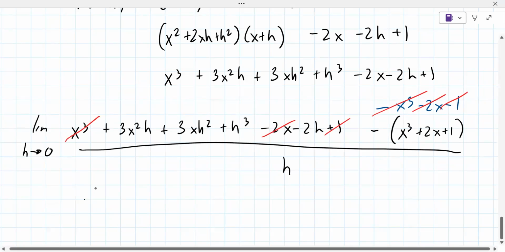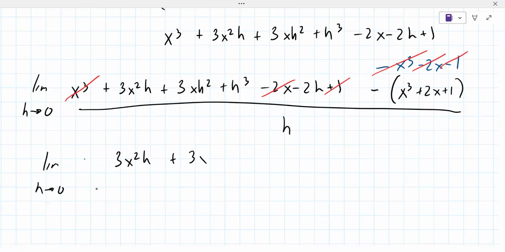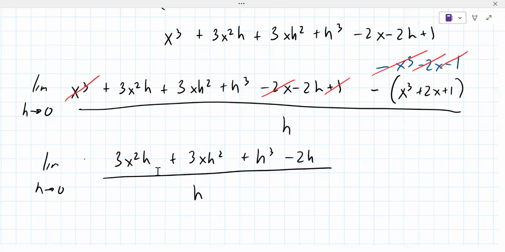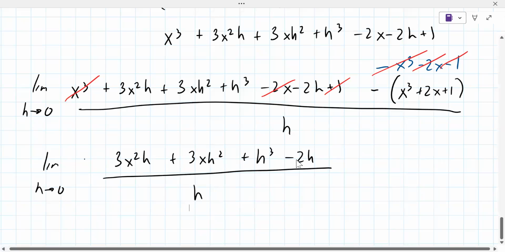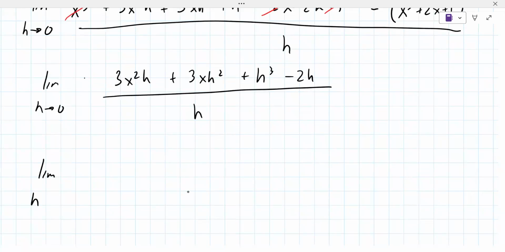So you're dividing everything by the h, but let me show it here. 3x squared h plus 3xh squared plus h cubed minus 2h all over h. So you divide each term by h, and you get the limit as h goes to 0, 3x squared plus 3xh plus h squared minus 2.